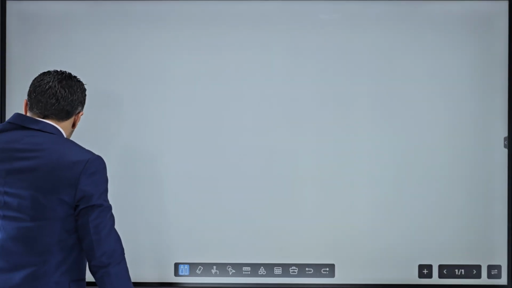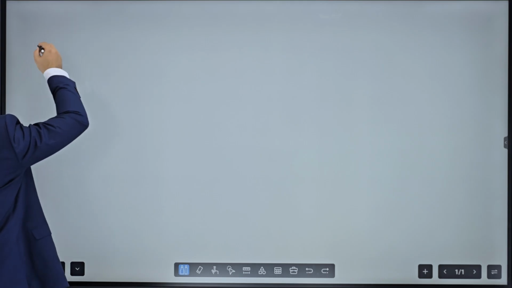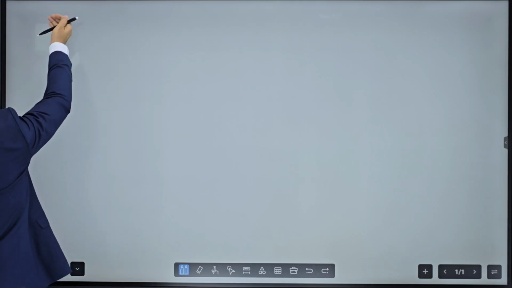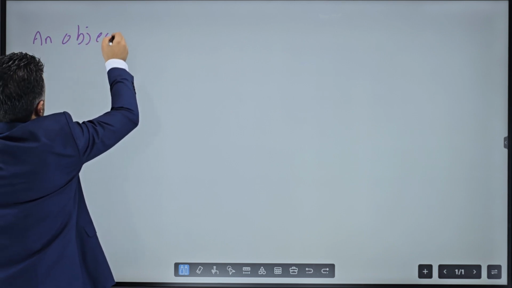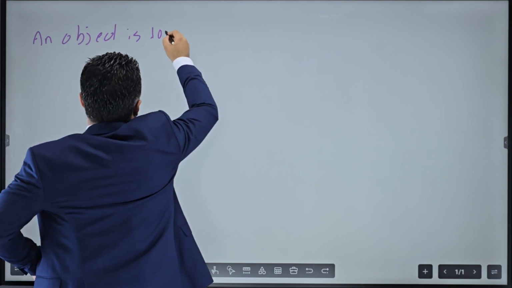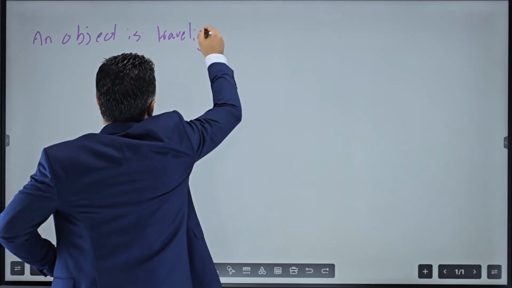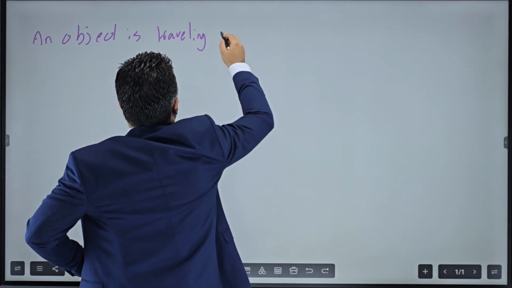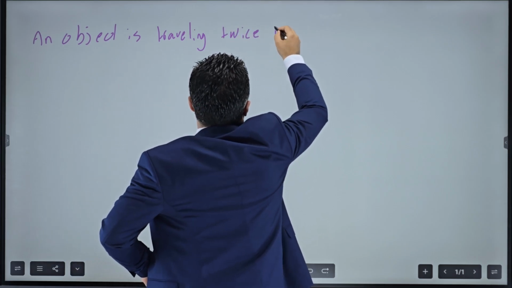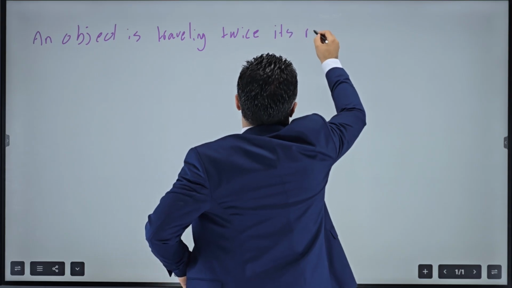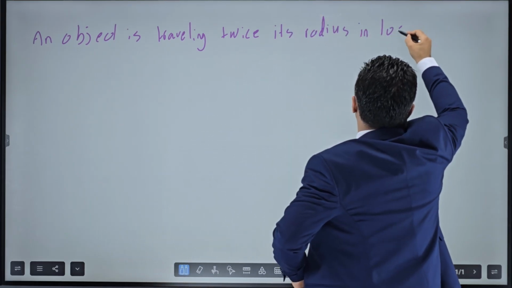We'll say, an object is traveling, let's say traveling twice its radius in 10 seconds.